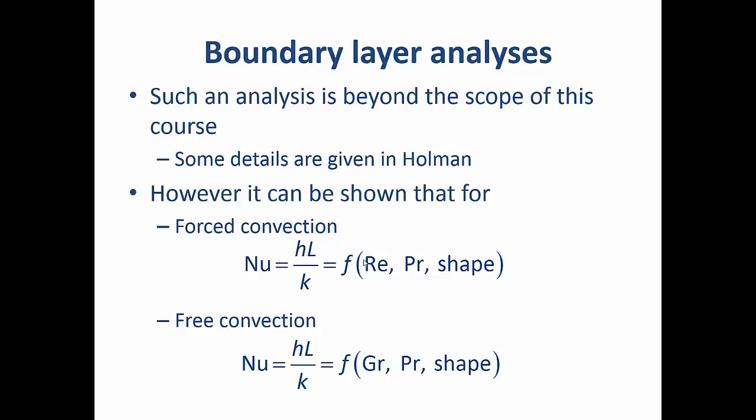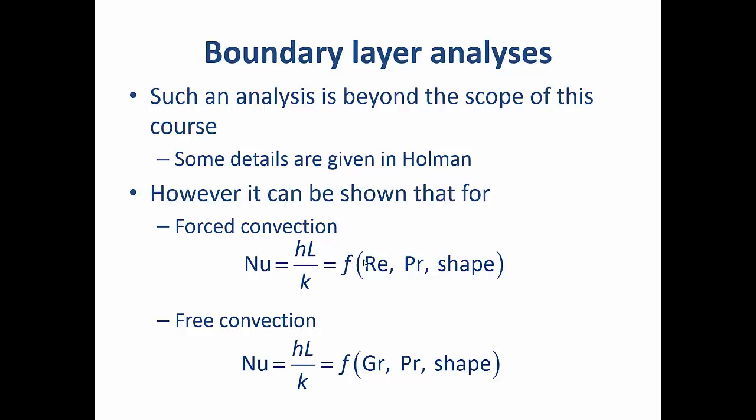However, such an analysis is still mathematically very involved and is beyond the scope of the course. There are some details given in Holman, and you will find some additional notes outlining such an analysis on the MOL site, although you're not expected to be able to reproduce that analysis in any form.